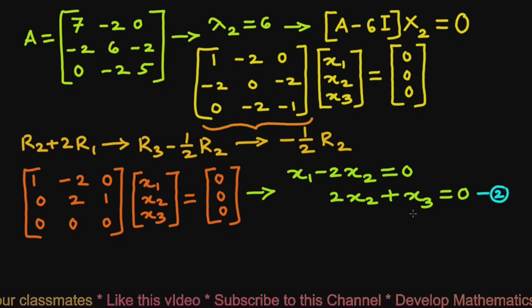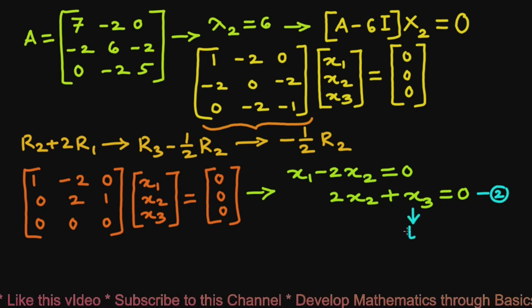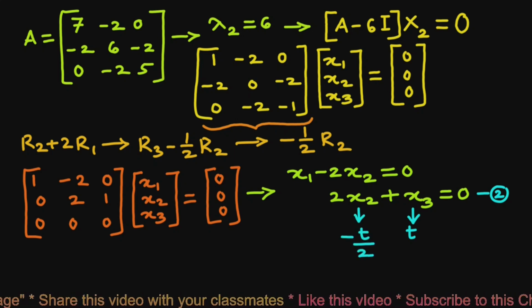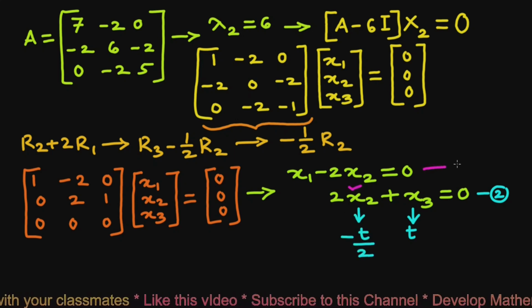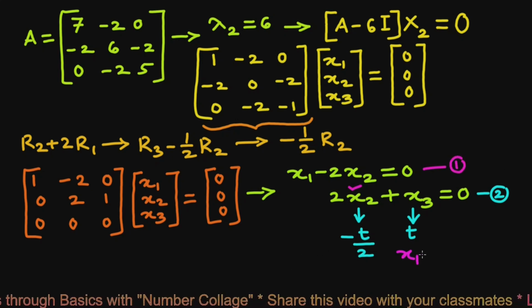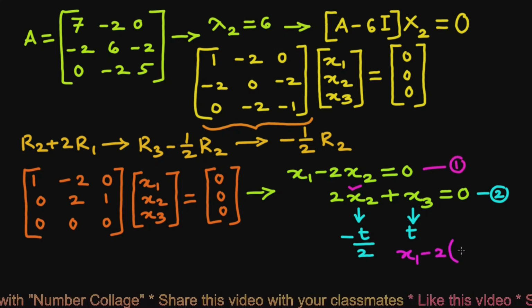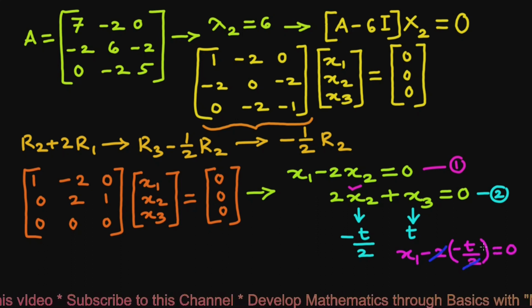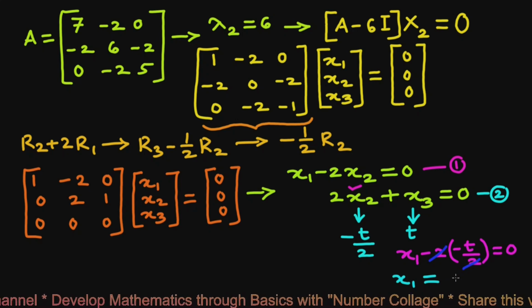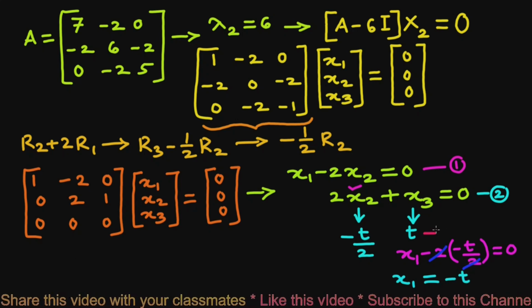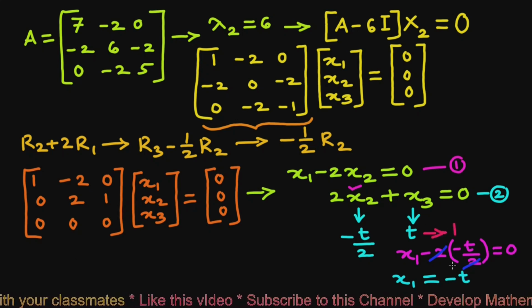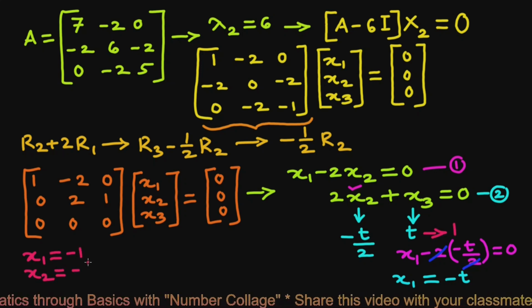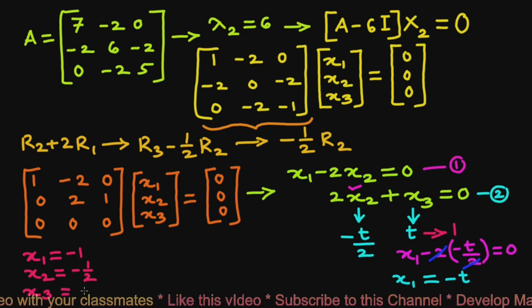So we have to assign this x2 parameter t, that gives x3 as minus t by 2. Substituting the value in equation 1, we get x1 minus 2 multiplied by minus t by 2 equals 0. This 2 gets cancelled and we get x1 equals minus t. Now putting t equals 1, we get x1 equals minus 1, x2 equals minus half and x3 equals 1.